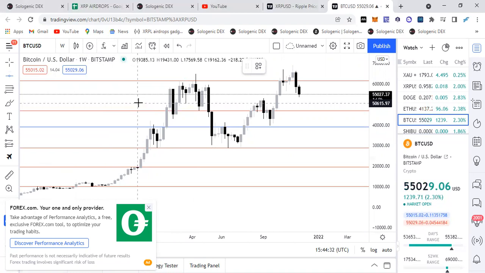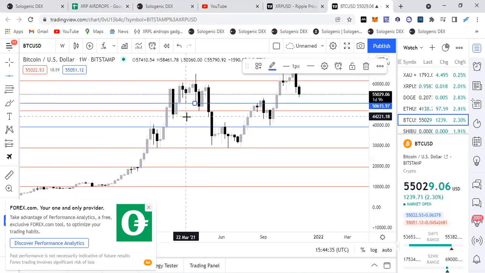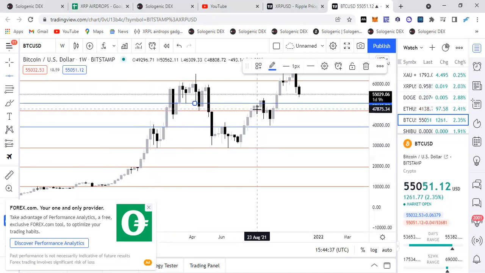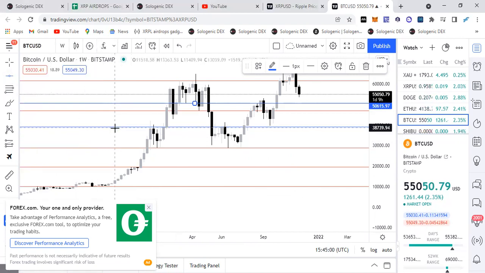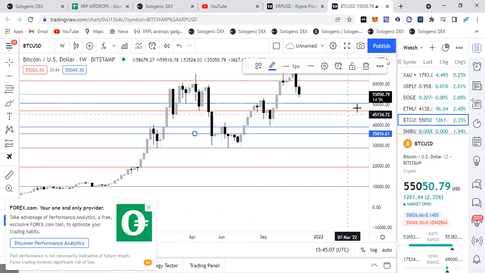I put it right on top of this wick, because as you see, the wick touches right here, and all of this is touching throughout this whole line. If I wanted to be very technical, I should put one right here. So we are going to be very technical today, and we're going to put all of our support and resistance lines that we see.